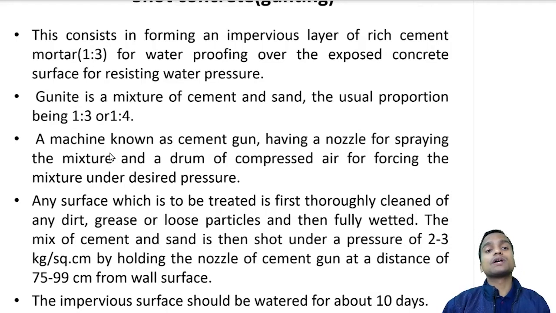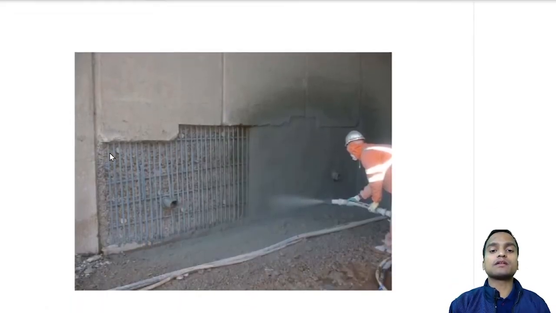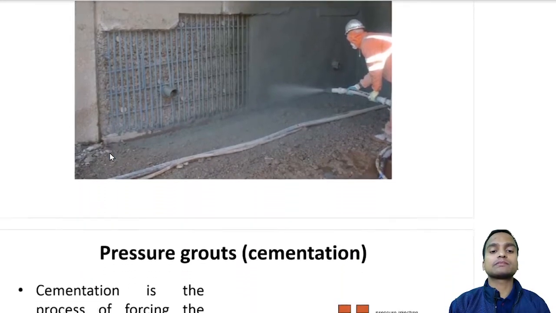So here gunite is a mixture of cement and sand, the usual proportion being 1:3 or 1:4, and a machine known as a cement gun having a nozzle for spraying the mixture and a drum of compressed air for forcing the mixture under desired pressure. And this is how gunting is done, by forcing the gunite onto the walls.